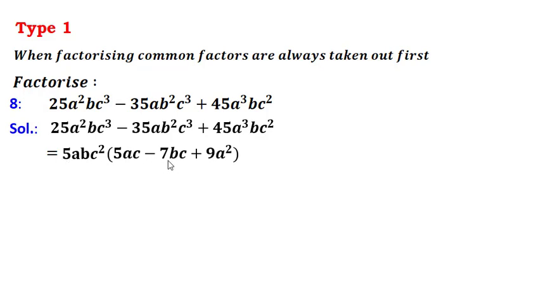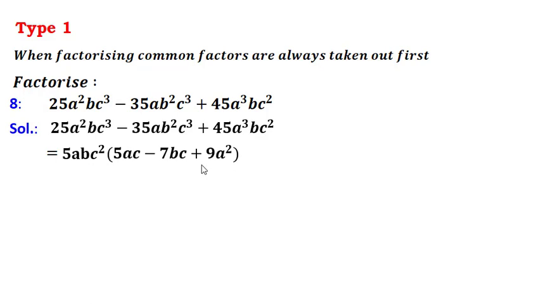So 7 is remaining, a already we have taken out, b we have taken out, so only b is remaining, and c square we have taken out, so c is remaining here. And lastly in the third term, out of 45 I have taken 5, so 9 is remaining, and in place of a cube, as I have taken a common, so a square is remaining. b c square I have taken common, so I will not write anything for that.